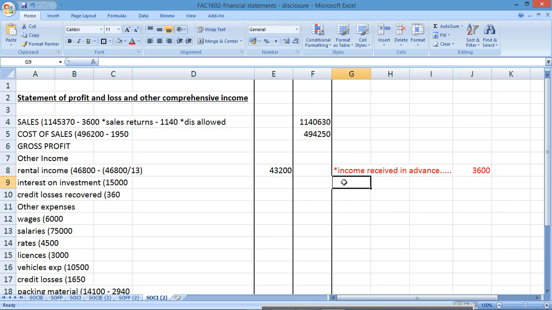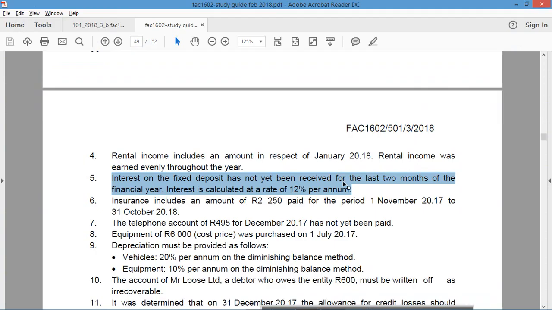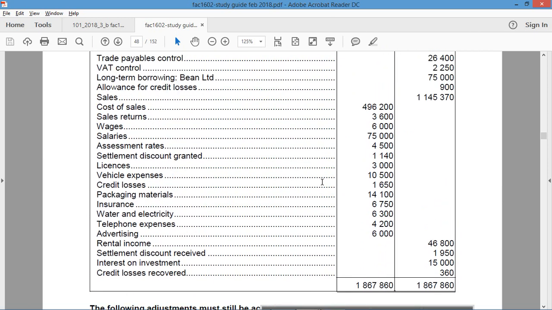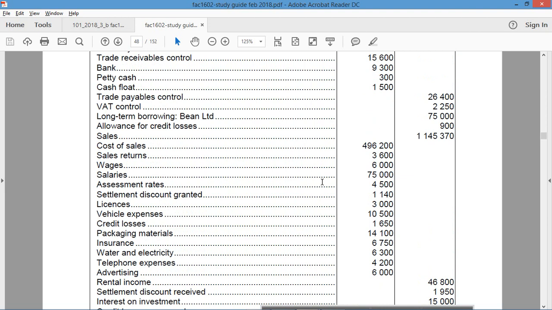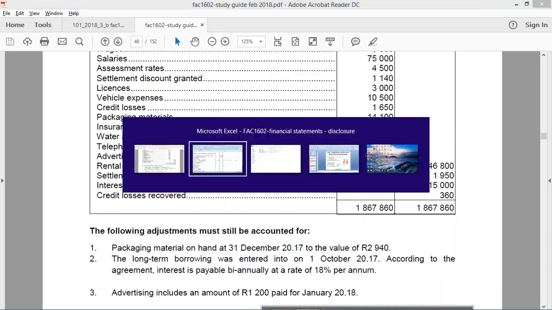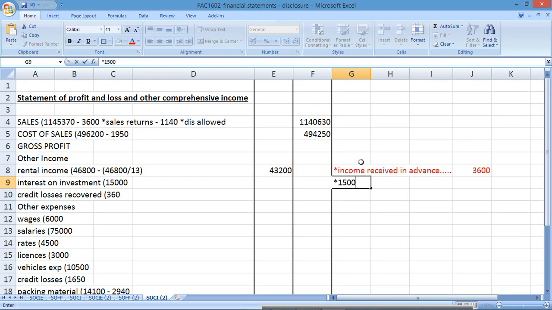What was the fixed deposit? It's at the top, 150,000. So 150,000 times 12%, times 2 divided by 12 gives you 3,000.